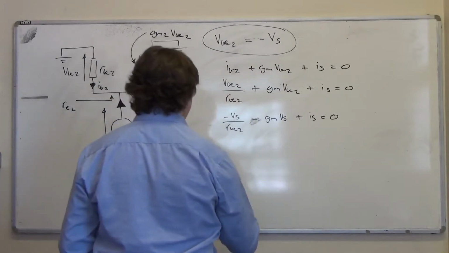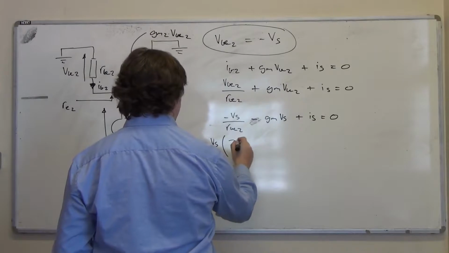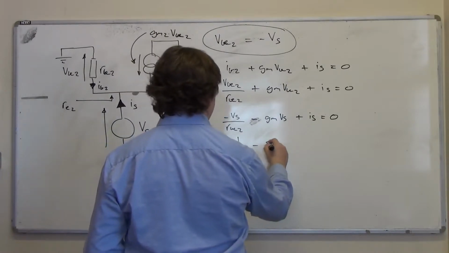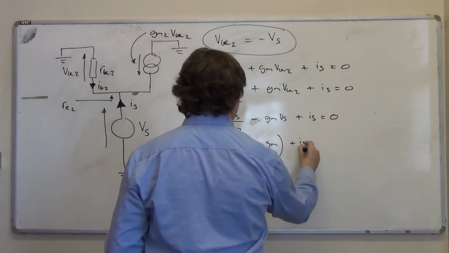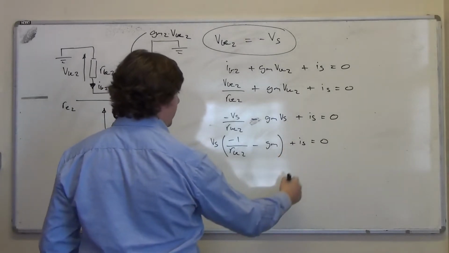We get the VS's on their own, which will leave us with VS brackets minus 1 over RBE2 minus GM plus IS equals 0, and then we'll take the IS across.